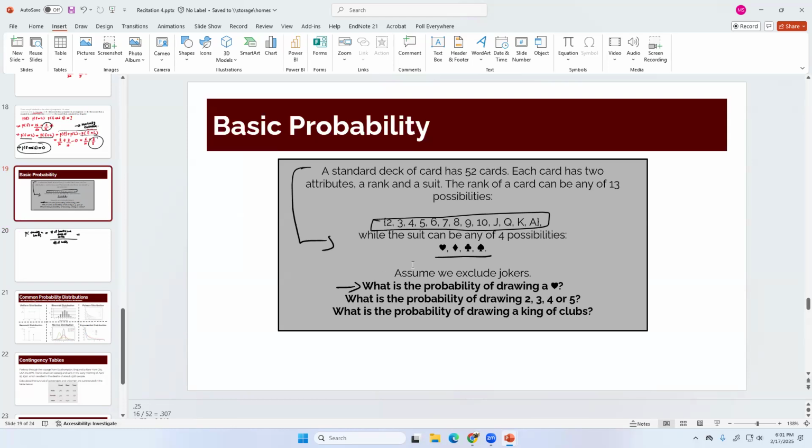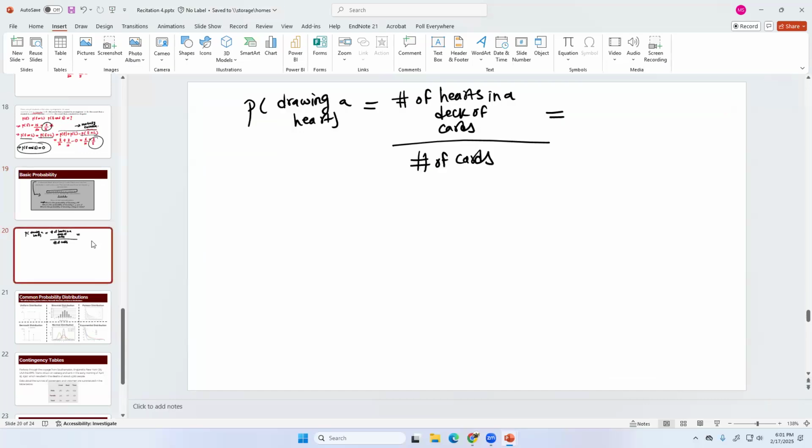All of the cards total 52, and every number has each of these four suits. So how many hearts? 13 hearts, right? So 13 out of the total number of cards, 52, whatever this probability is. So every fourth card you draw, one of them will be a heart, right?